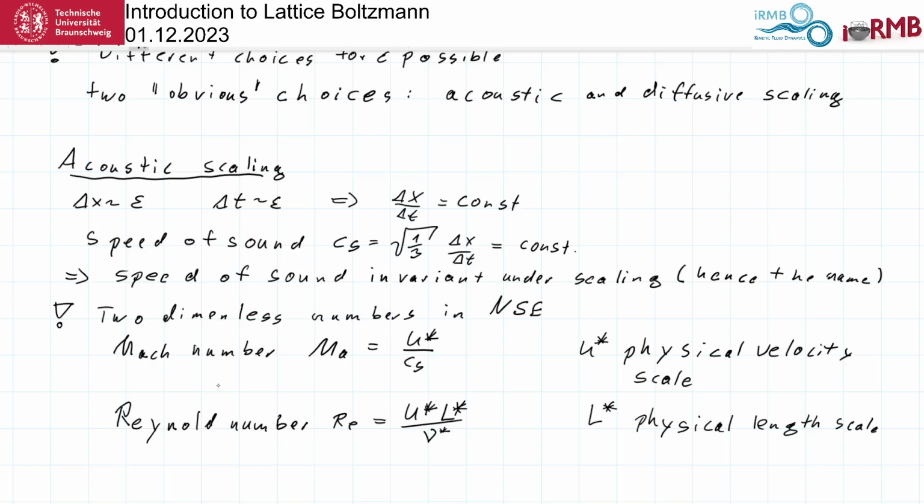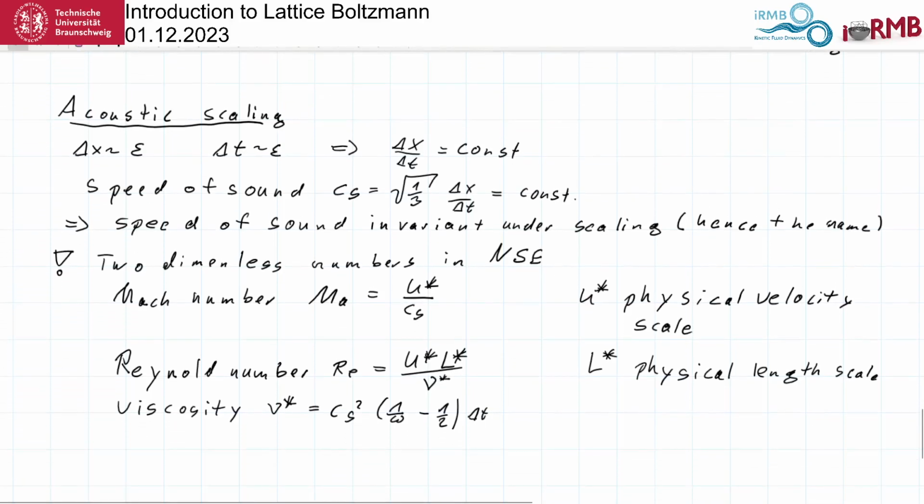Okay, and this nu, viscosity, nu with star or without star, is cs squared times (1 over omega minus 1/2) times delta t. Yeah, so this is how we come to the viscosity: speed of sound squared times delta t and 1 over omega minus 1/2.